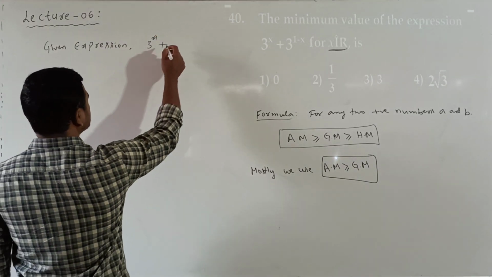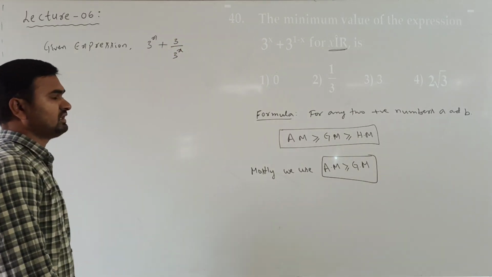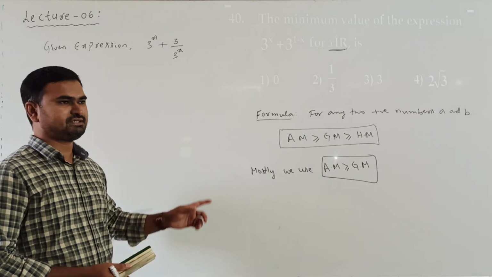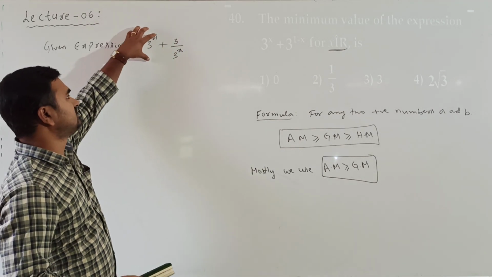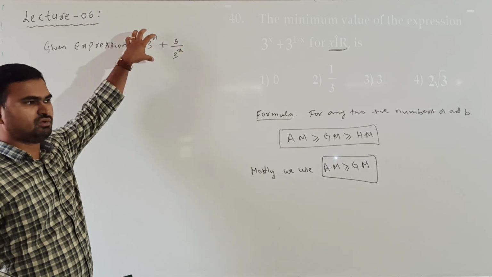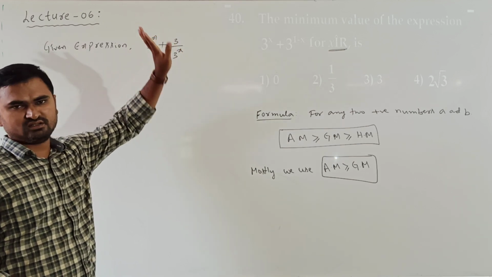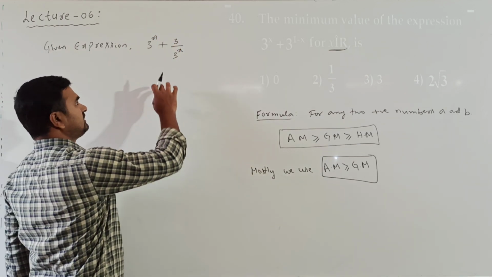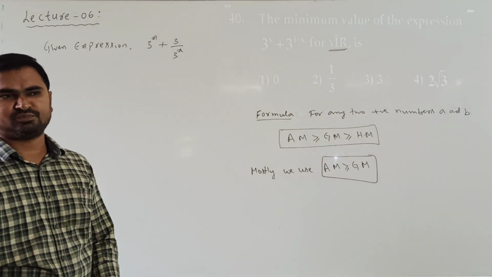I can write 3 power 1 minus x as 3 divided by 3 power x. Now observe, we have 3 power x and 3 divided by 3 power x, so one is the reciprocal of the other, maybe with some constant multiplied. Don't worry about that. So we have a term and its reciprocal.